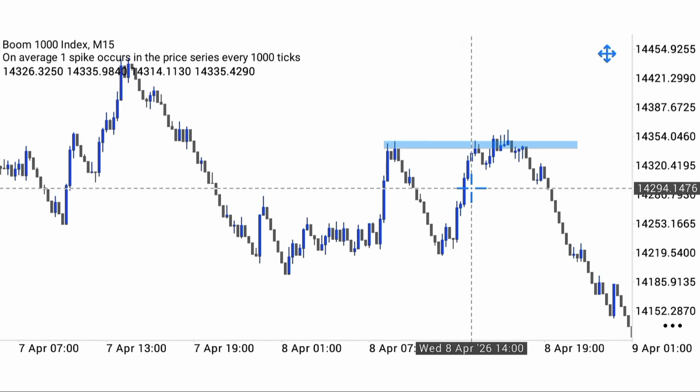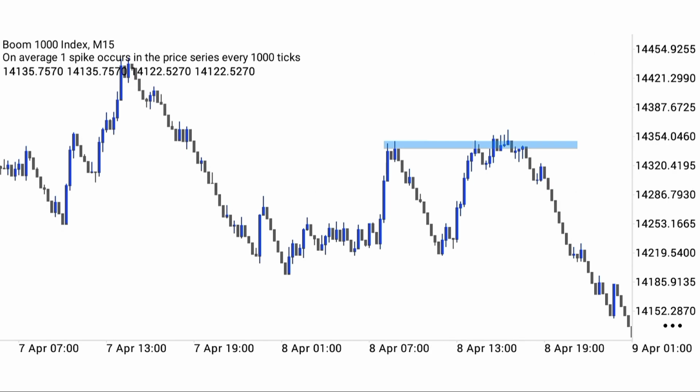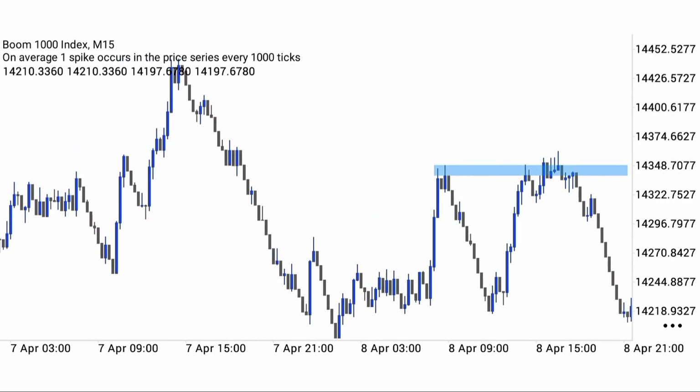You need something bold. You don't want the market to come and give you something small. If you trade a little setup on this asset, especially this boom and crash asset, the structure that you use must be big. If not, it is not going to work.